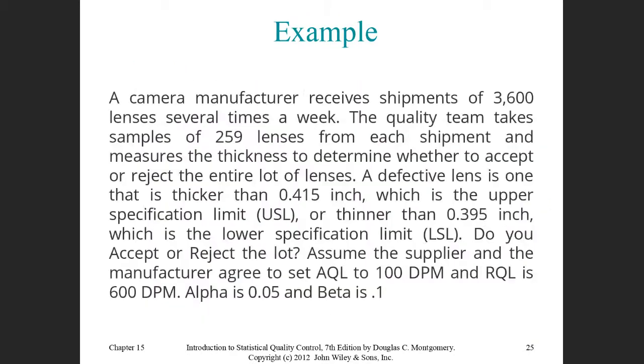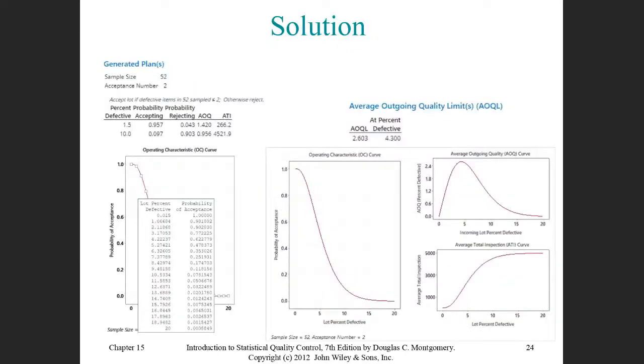If we go back and see how the results look, here we have the acceptance number, which is the acceptable number of defectives in the sample. That means if you have 2 pens or fewer, you will accept the lot. If you have more than 2 defective pens, you will reject the lot.